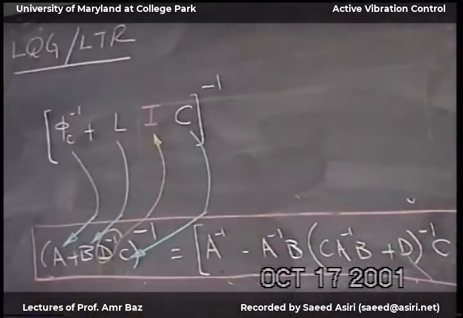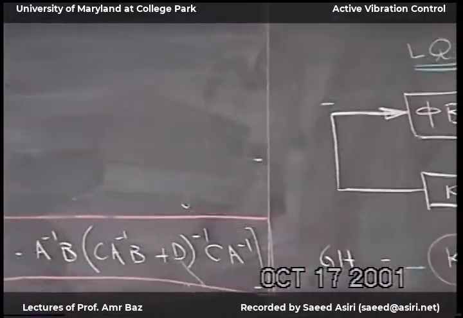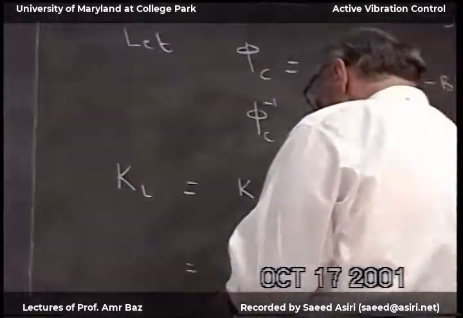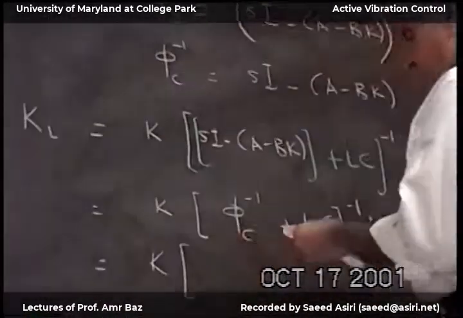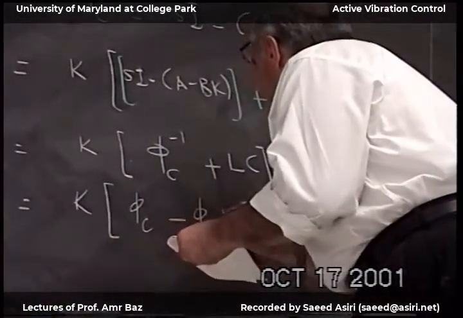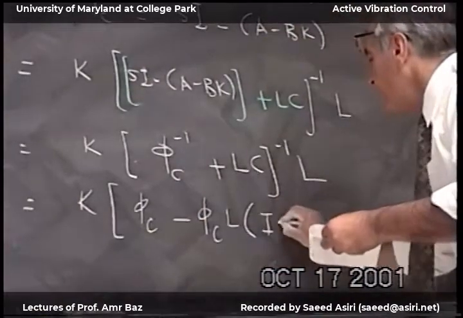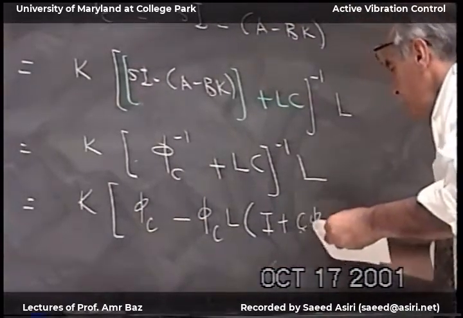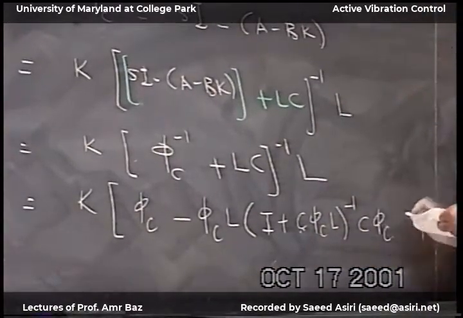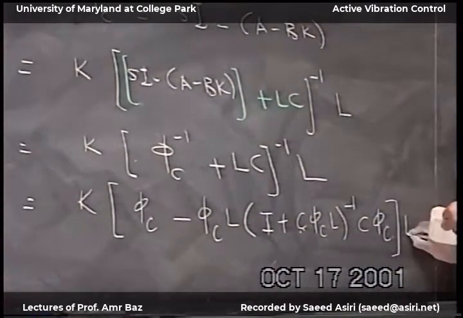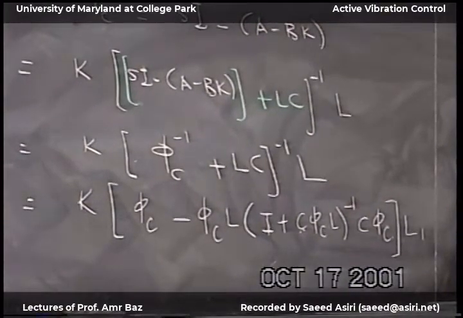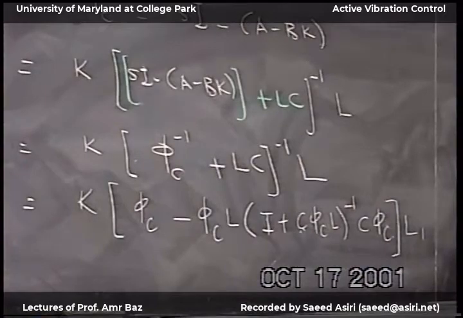So when we expand this, it becomes equal to K and then phi C minus phi C and L, I plus C phi C L inverse, and then C and phi C times L. So this is just translating the matrices to here.